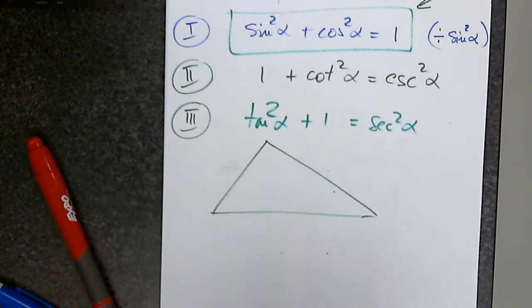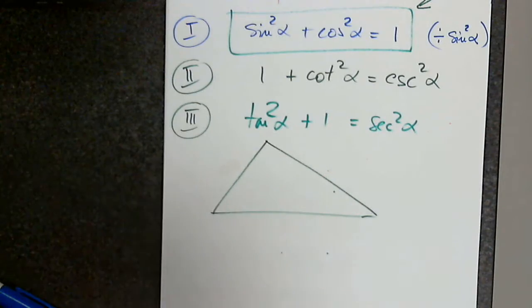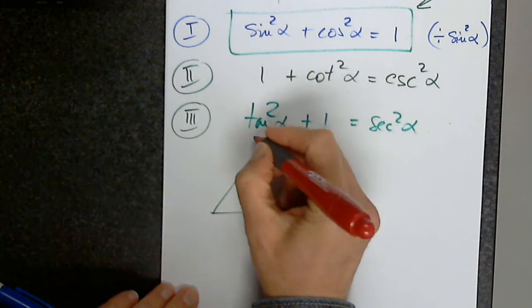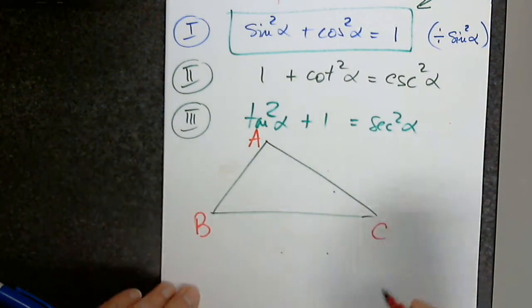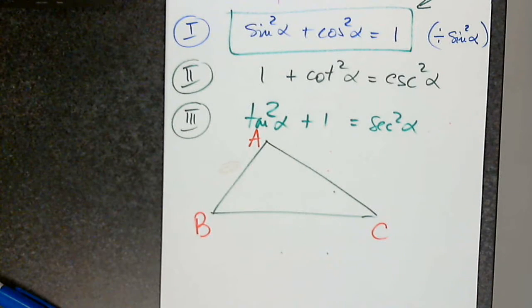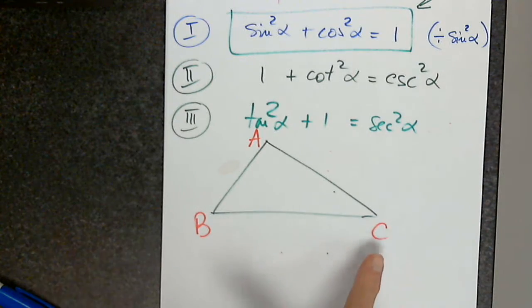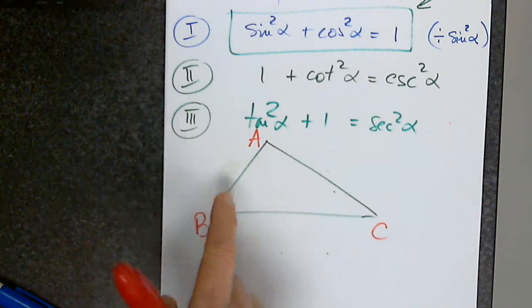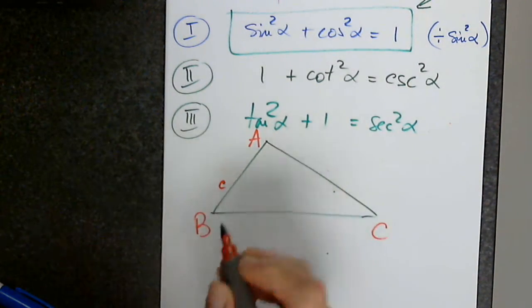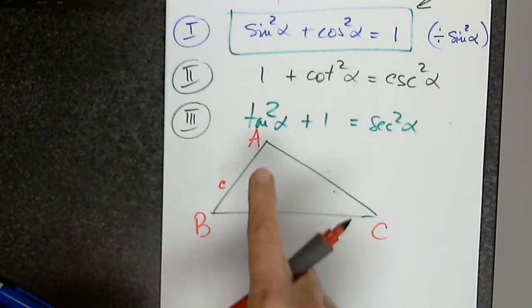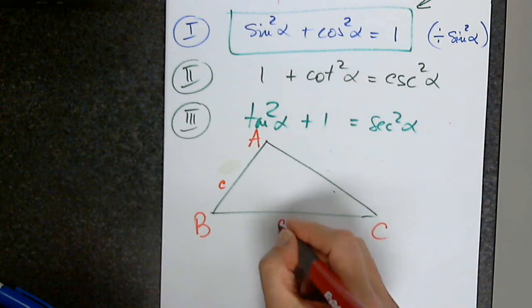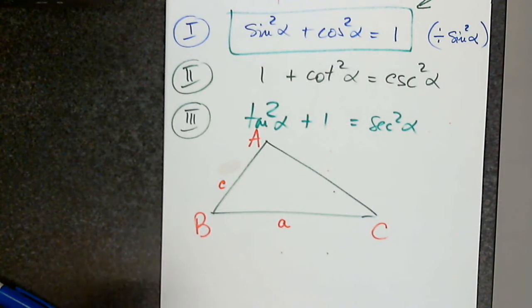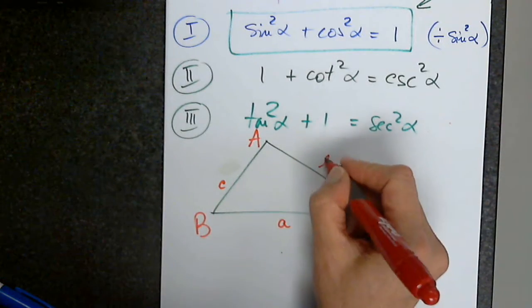Any triangle. It doesn't have to be a right triangle. Let's say I denote the vertices by A, B, and C. Now, when I identify the name for each side, it must be the opposite of the angle. So the angle is C, this leg must be denoted by lowercase c. The angle is A, this must be denoted by lowercase a. The angle is B, this must be denoted by lowercase b.